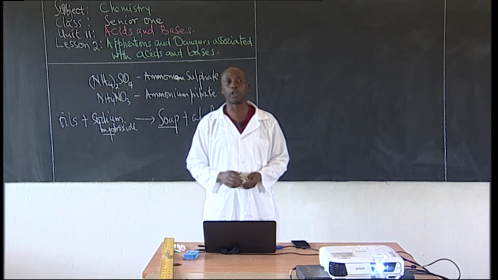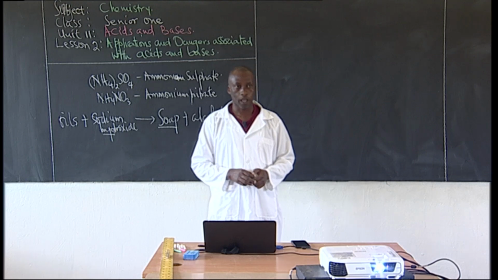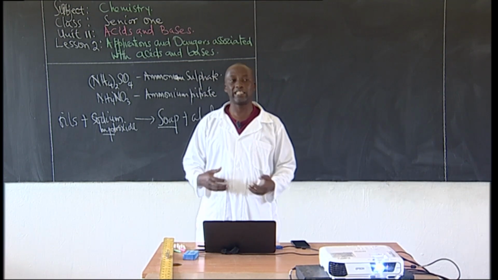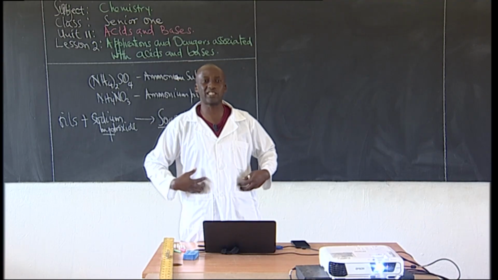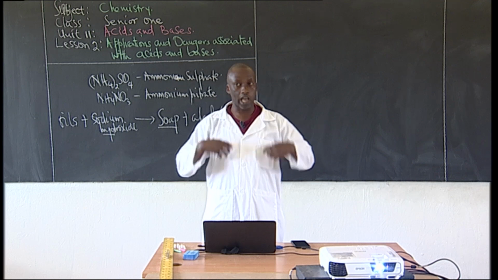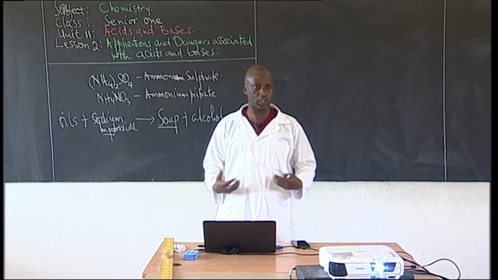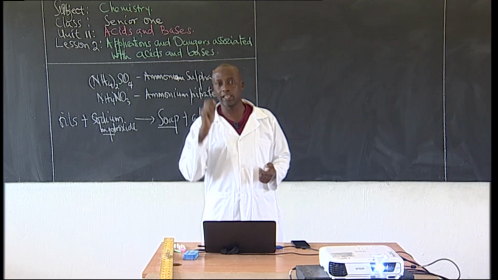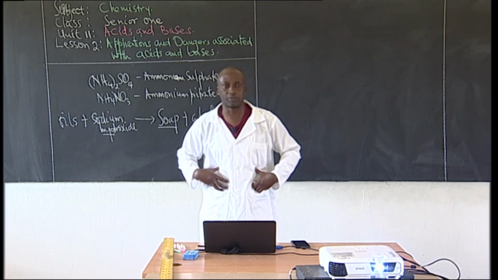Let's look at the applications of the acids. Hydrochloric acid is produced in our bodies to aid the process of digestion. Why is this? As we had mentioned earlier on, the hydrochloric acid that is produced in our bodies aids digestion. How? By killing the microorganisms.